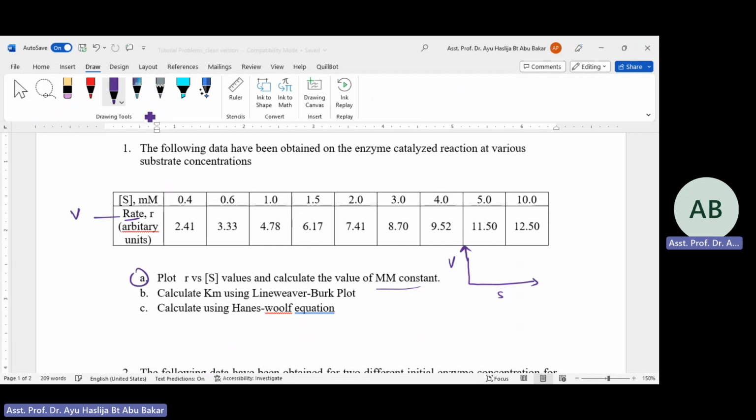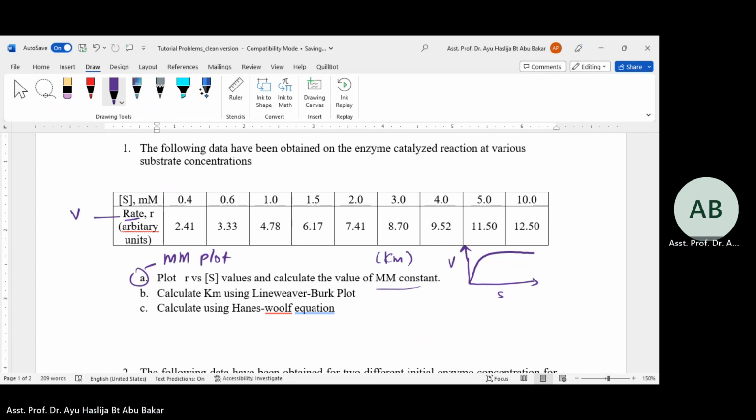For A here, using the MM plot, the Michaelis-Menten, theoretically it should be a curve plot. From here, you can calculate the value of Km. MM constant here refers to Km.